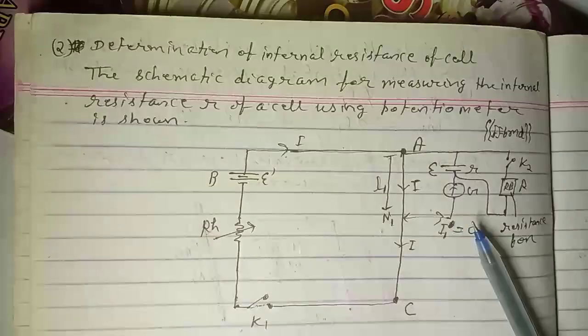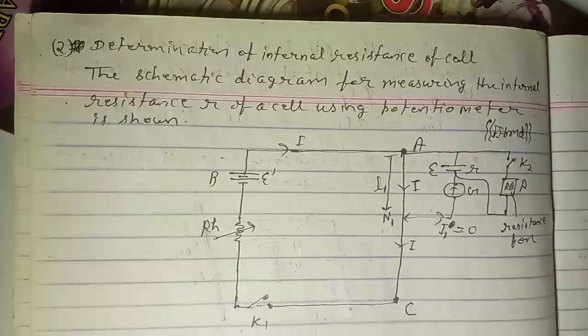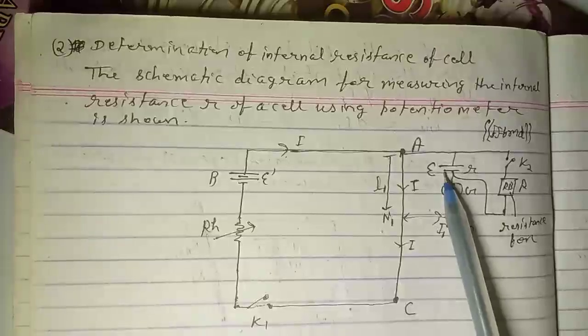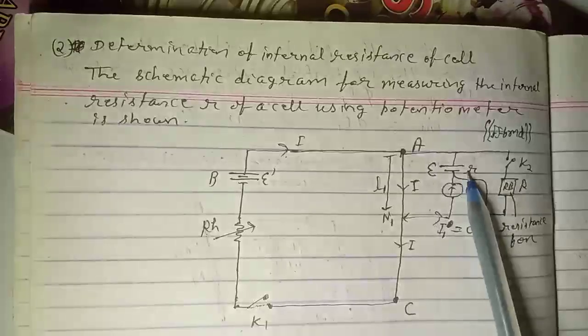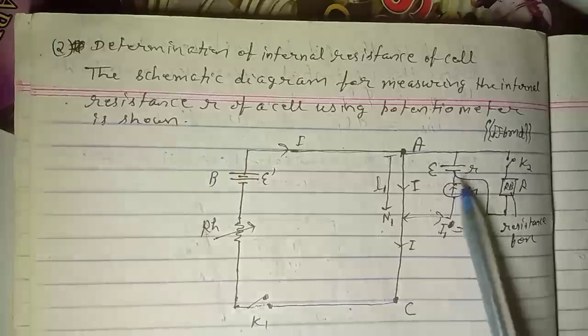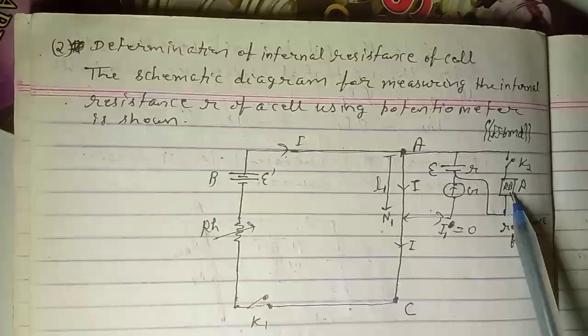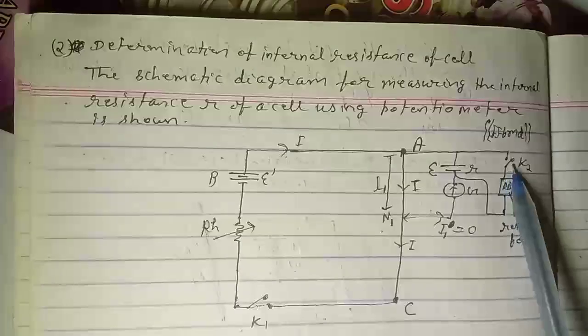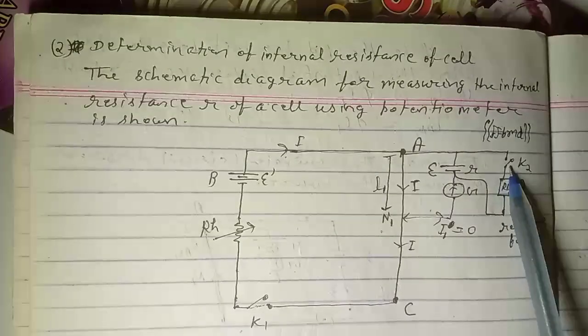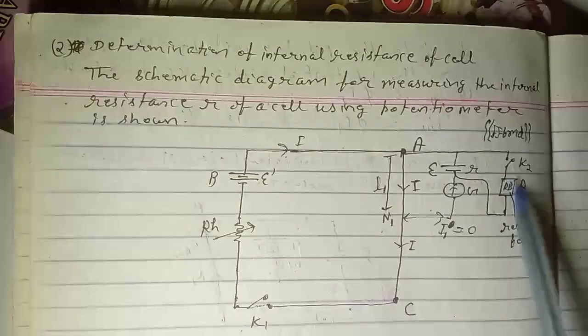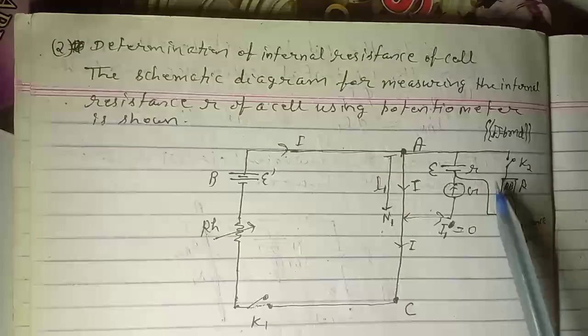Again, here this is our cell whose internal resistance has to be determined, and this is a resistance box where we can change the resistance in the circuit, and this is another key K2 to switch on this circuit or this loop.